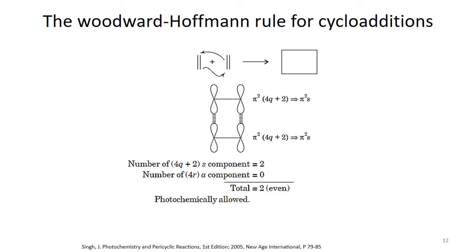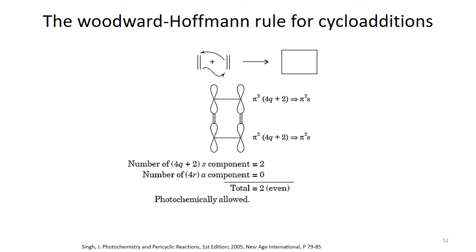The other example we have here is the interaction of two ethylene components, which react together to form cyclobutane. In this case, we have one system that is pi 2 and the other system is pi 2. We have a 4q plus 2 system and a 4q plus 2 system, where again q is 0. So this is pi 2s and pi 2s.